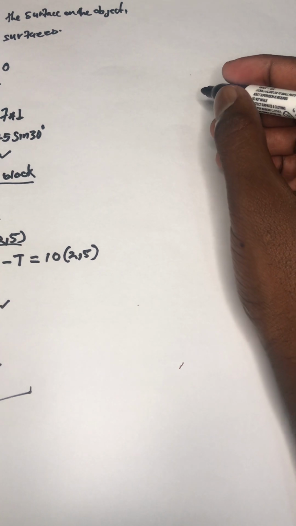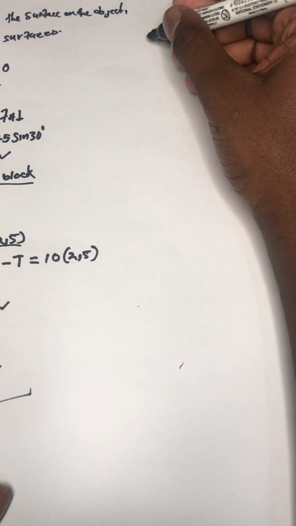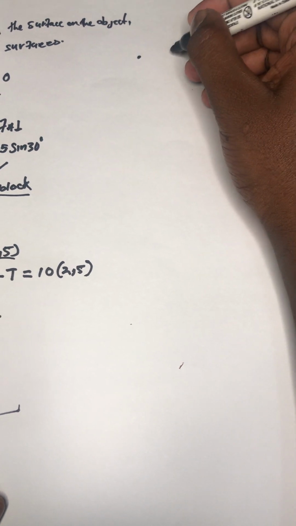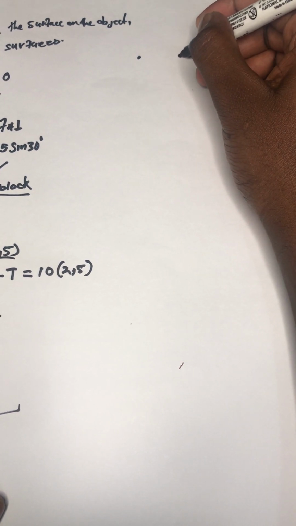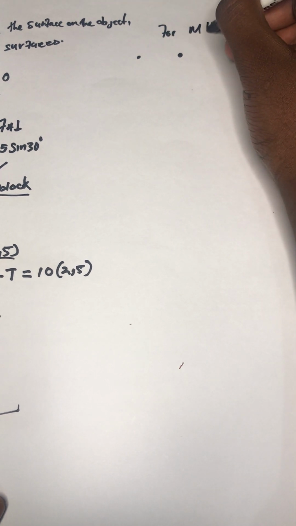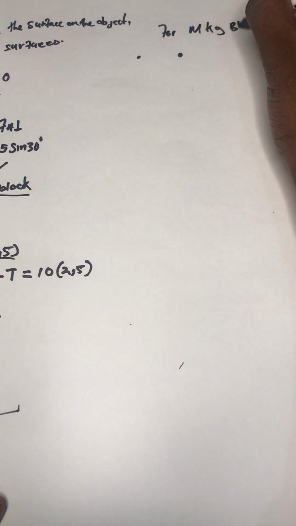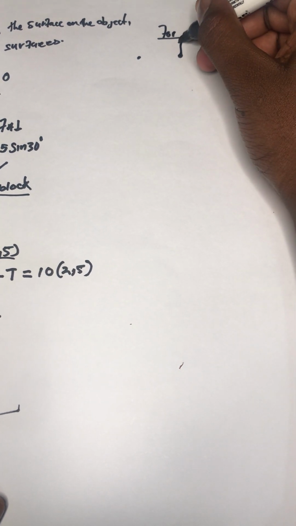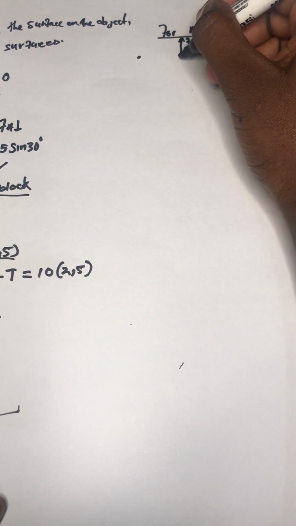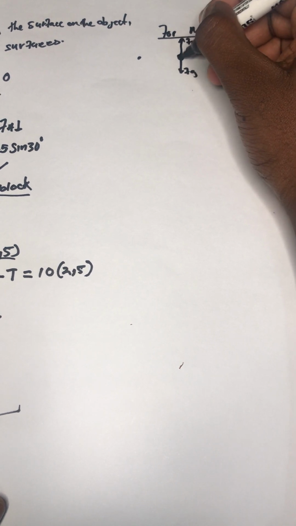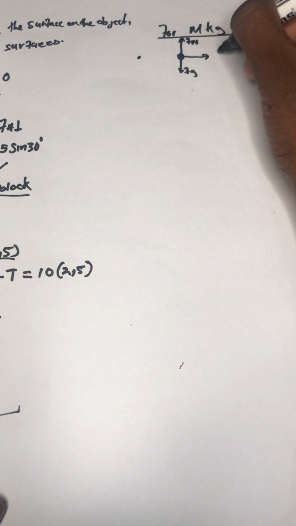Let us look at this object. Okay, free body diagram for the m kg block. We have normal force, we have Fg, we have frictional force.